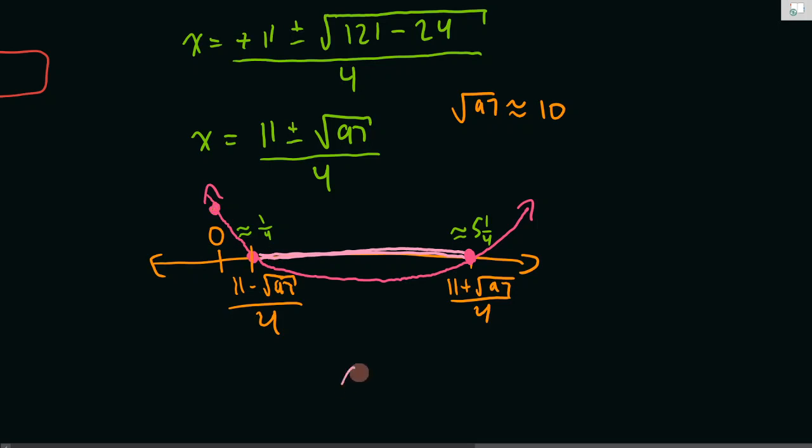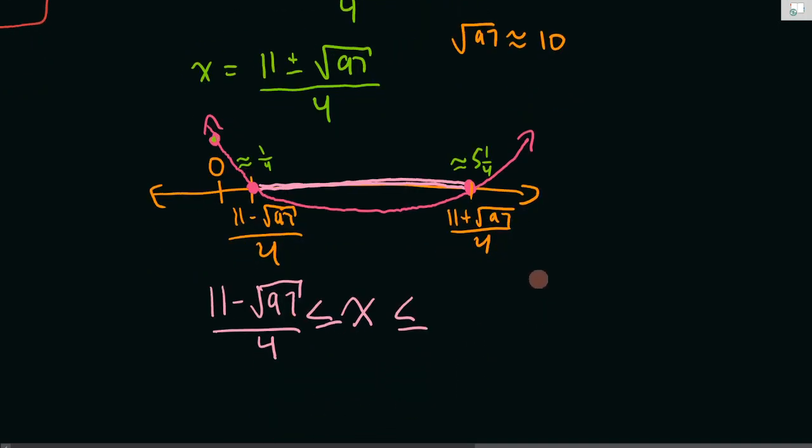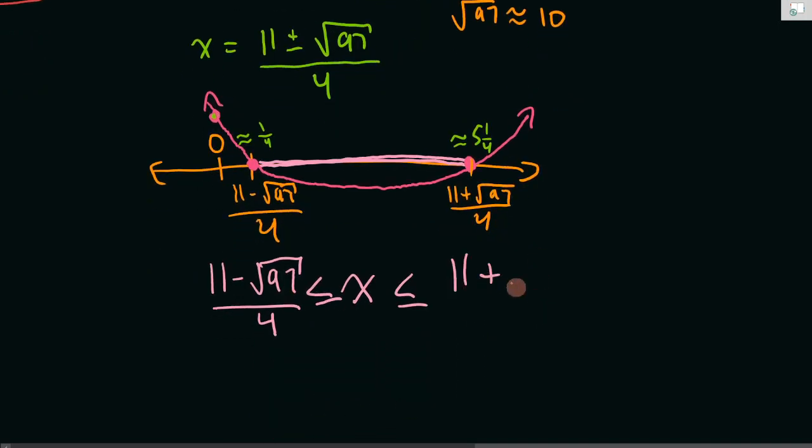So I'll write x between 11 minus root 97 over 4, and 11 plus root 97 over 4. Or a number line, which I'll skip for the sake of time.